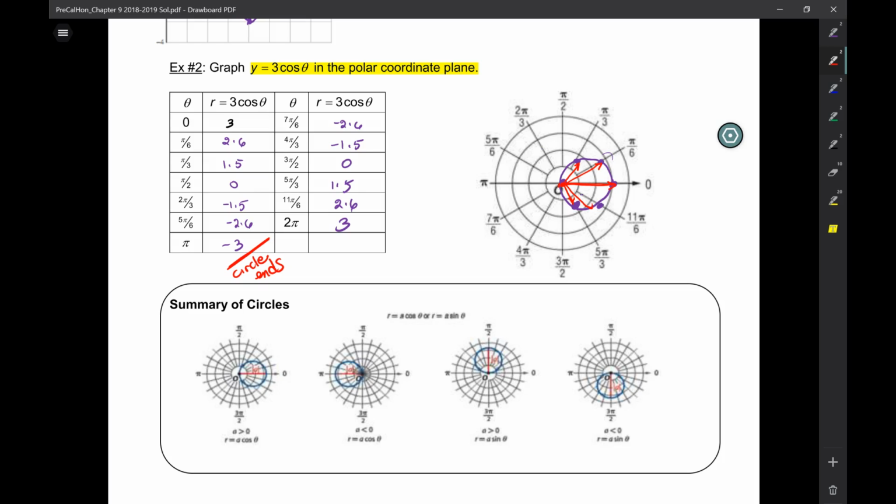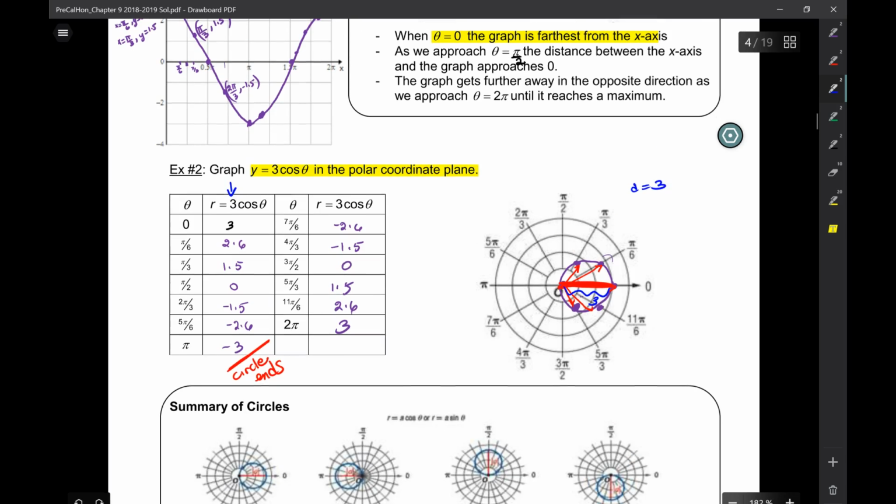All right, so that was a circle. And if you look here, how big is the diameter of this circle? 3, okay? The diameter of this is equal to 3. And where is 3 in our equation? It's that number there, right? So the standard form of the equation of a circle, we said, was r equals a cosine theta, okay?